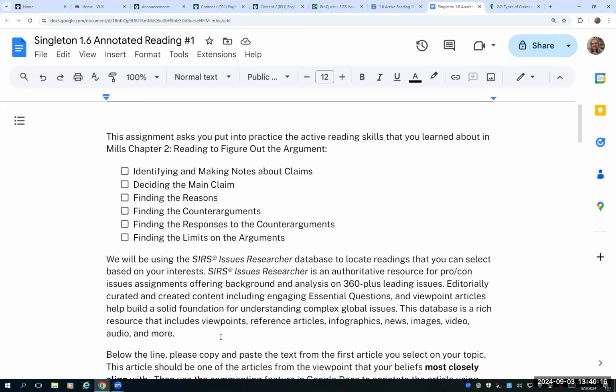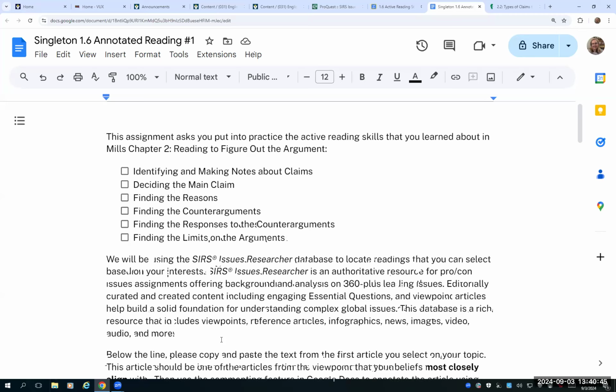And we're going to put all of that in document 1.6. We're going to use this document to do the other part of our active reading skills, where we're going to do some annotating. Mills chapter 2 gives us a whole list of things that we should mark or make notes of when we annotate.